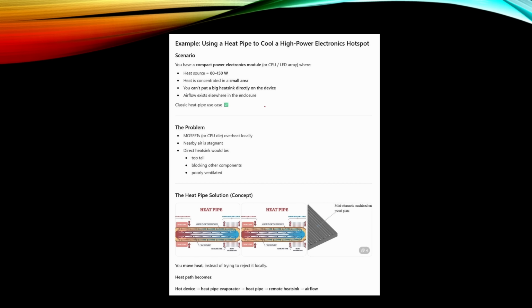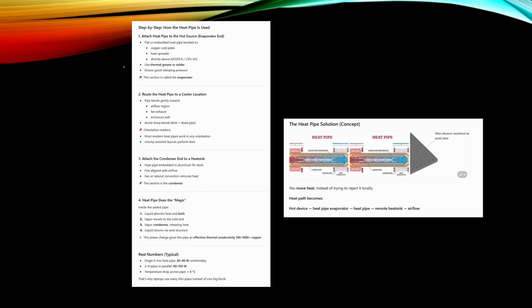A heat pipe is a good solution when we have quite a high load and we cannot use any kind of big heat sink directly in that device. When you're using heat pipes, always remember to ensure a good connection at the hot end.